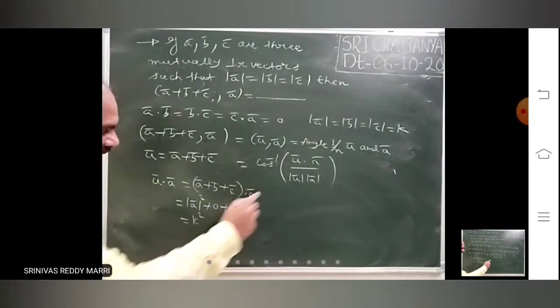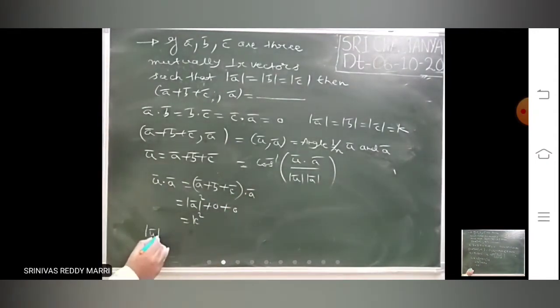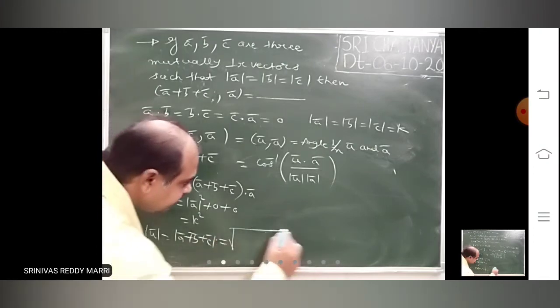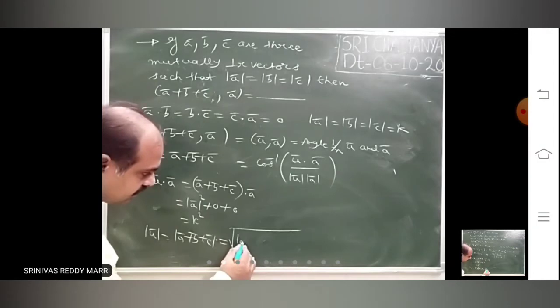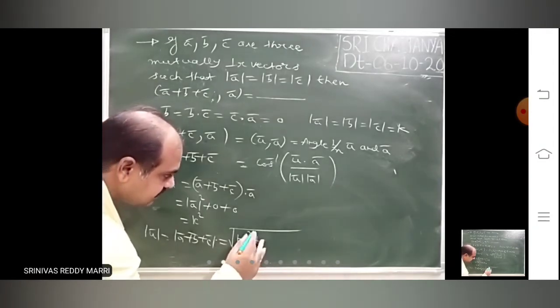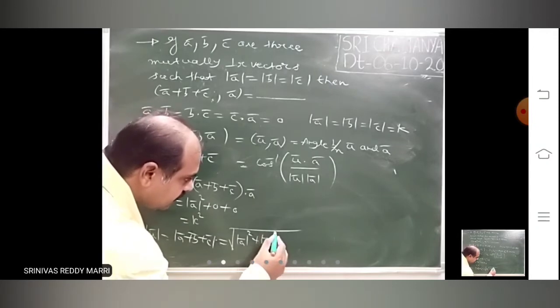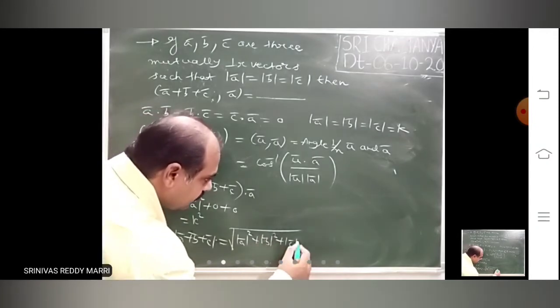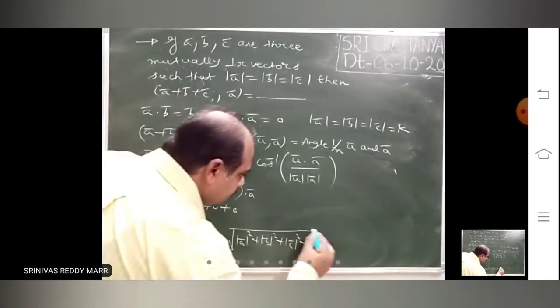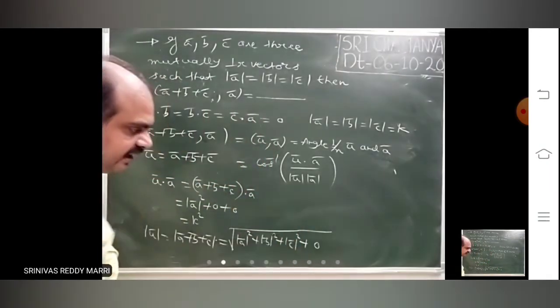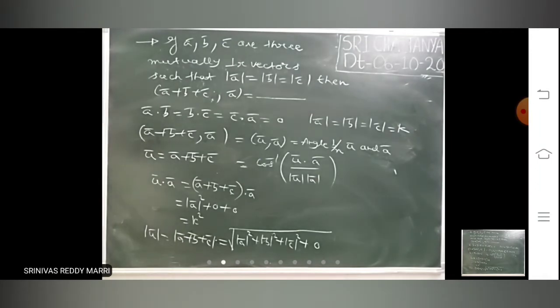Right? So in the denominator, modulus u bar is nothing but modulus of a bar plus b bar plus c bar. What is the formula for this? Root of modulus a bar square plus modulus b bar square plus modulus c bar square plus 2 into a dot b plus b dot c plus c dot a.